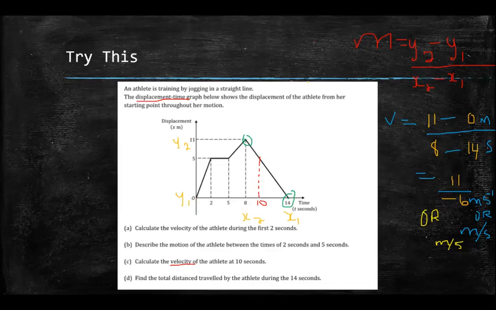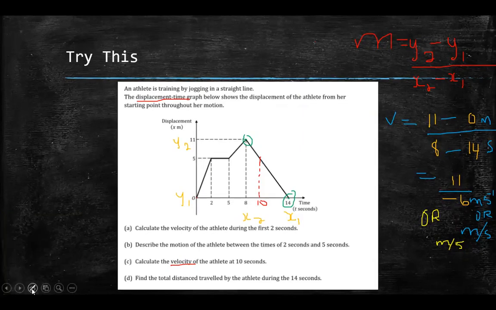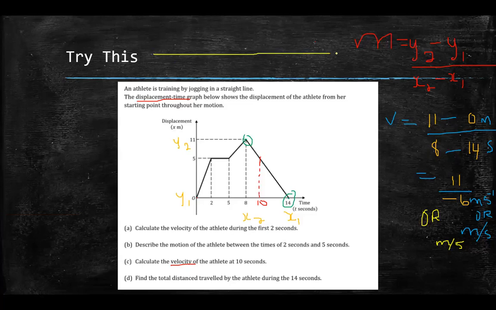So in terms of this athlete and her moving, a diagram always helps. Let's say this is the track, in yellow. And she starts at 0. Here's my stick man.